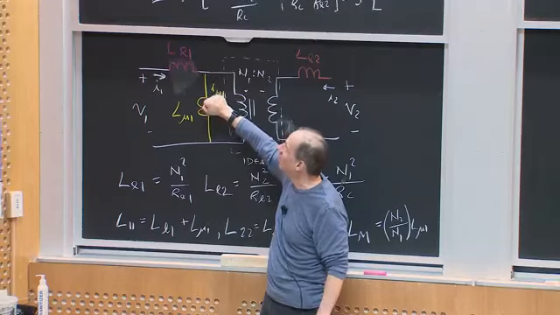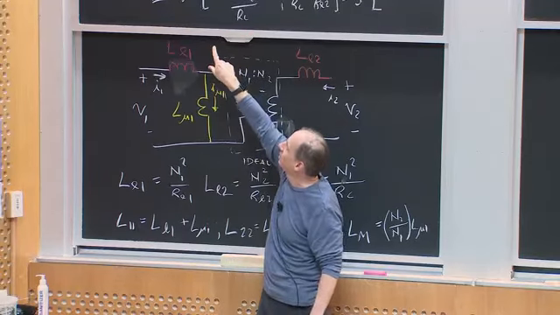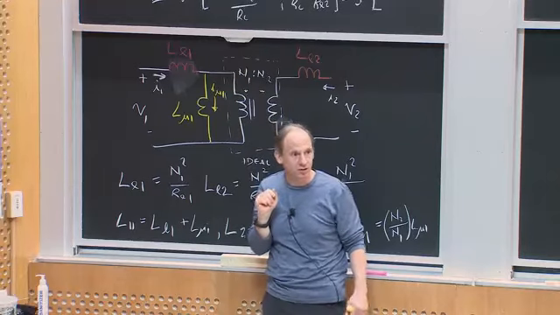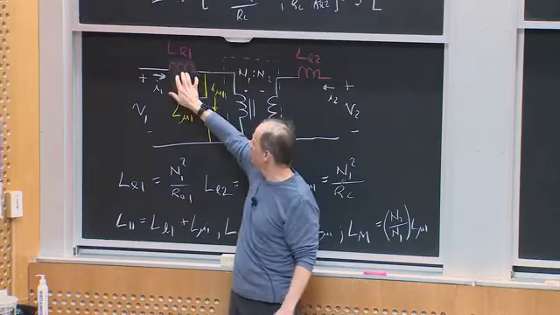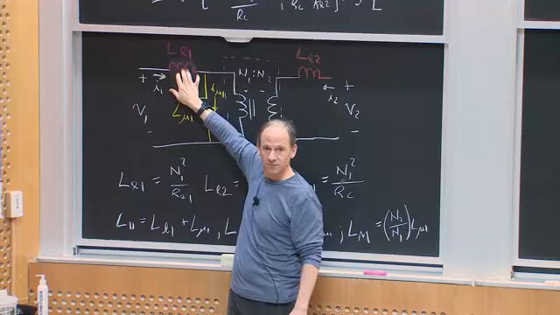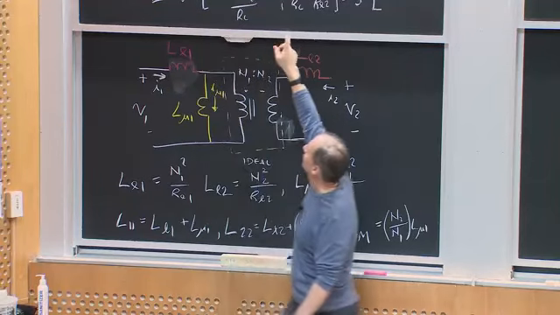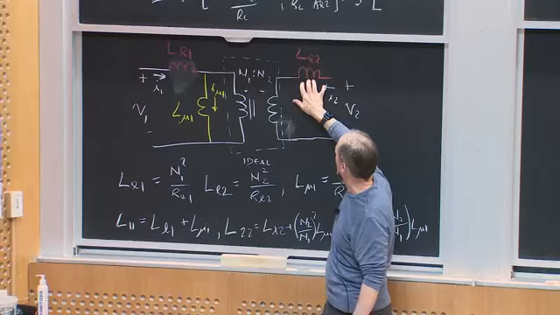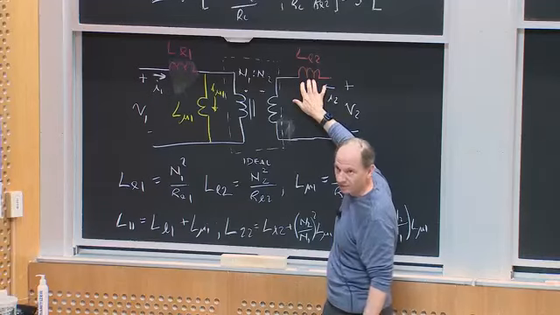Then we said, because I have flux that links winding 1 but may not make it over to winding 2, I get some leakage inductance on this side. And because I have flux linking winding 2 that doesn't link winding 1, I have some leakage inductance on this side.